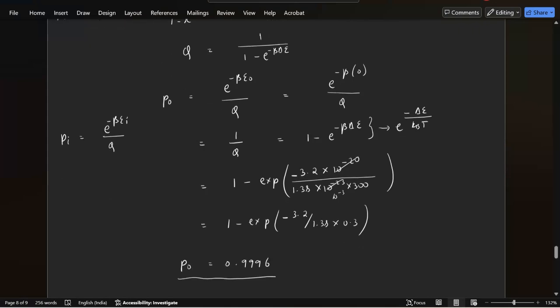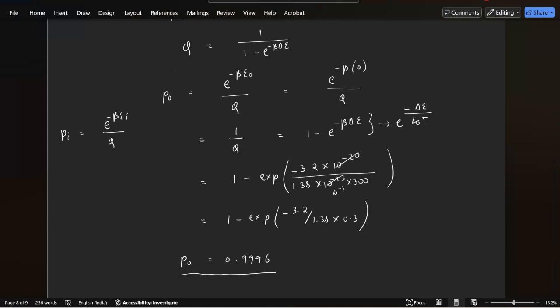Okay. So after that, all this is just mathematical, simple arithmetic, so that you can do. So what I mean by having such a high probability is that out of 10,000 particles, 9996 particles will be in the ground state.